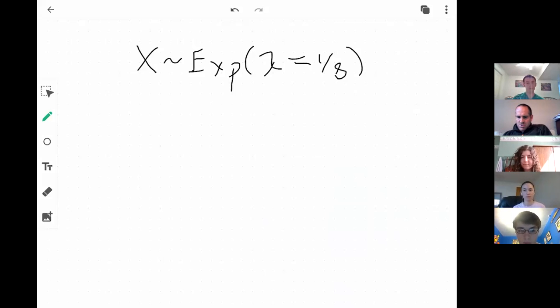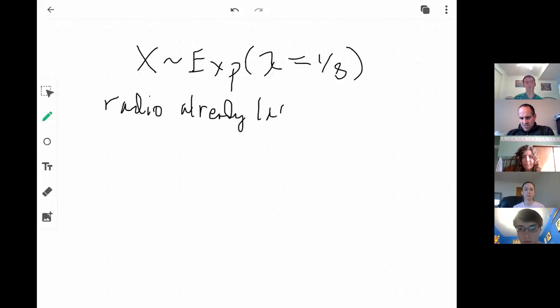So this is saying, suppose the radio, and hopefully this will connect back to stuff that I talked about in the lecture, suppose the radio has already lasted T0 years.